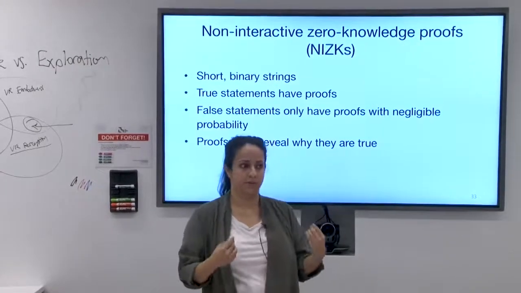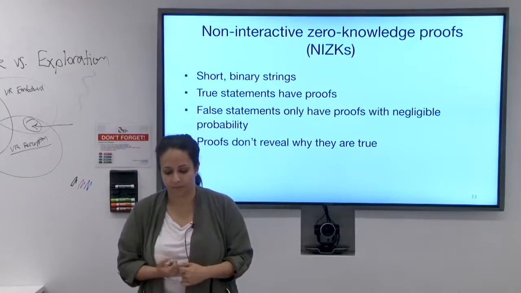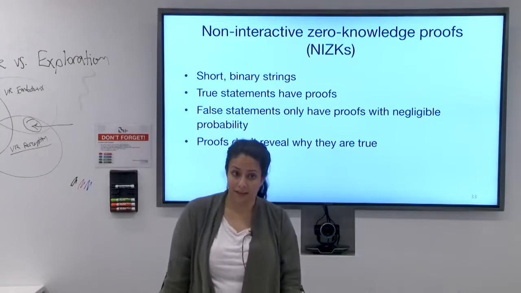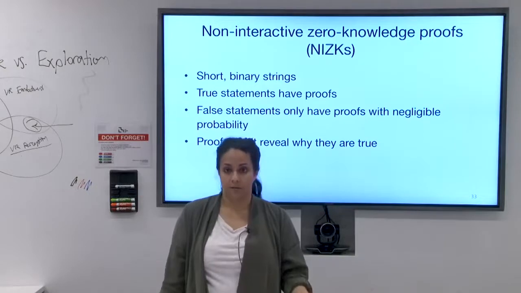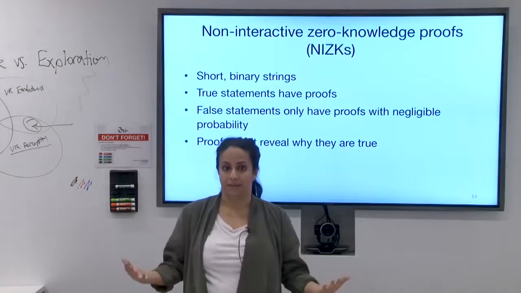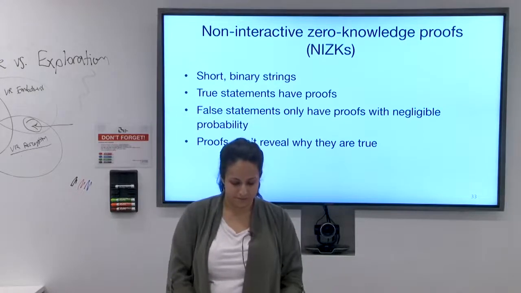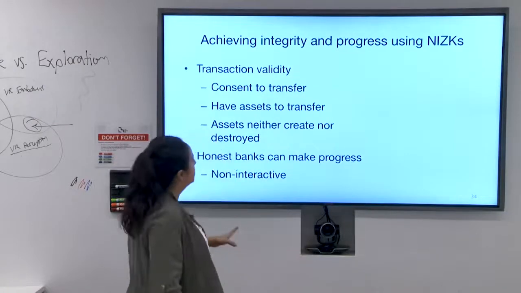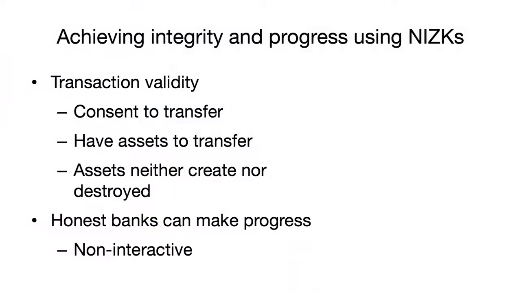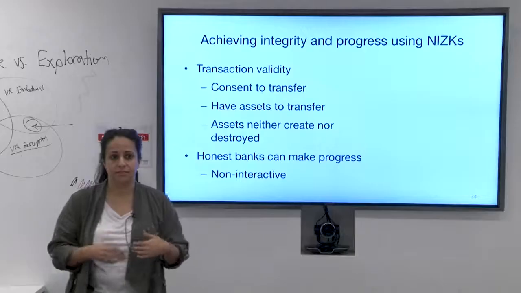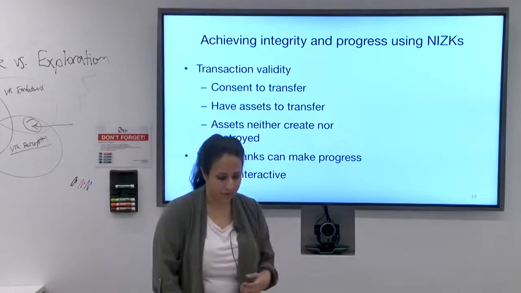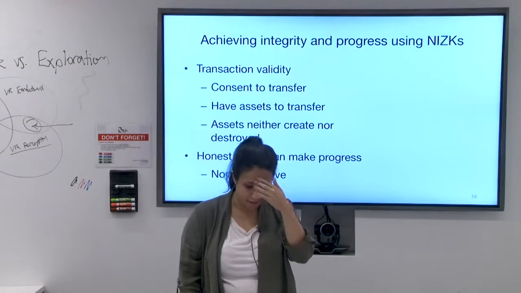We're going to use NIZKs to prove things like this bank has the assets to spend without revealing how many assets that bank actually has. So ZkLedger uses a set of carefully crafted NIZKs. And to be clear, NIZKs are pretty old. They were invented in the 80s and the 90s. And most of them are based on the hardness of the discrete log problem in elliptic curve cryptography again.